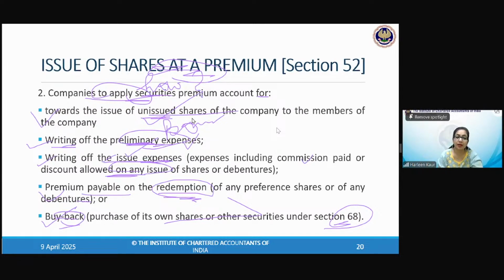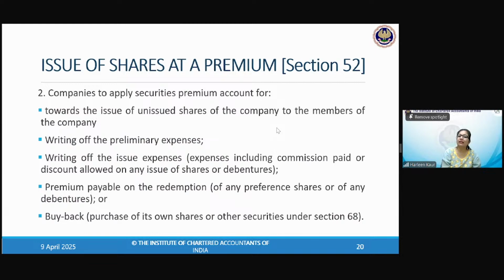Pragya, Soumya, Priyanka, Varsha, Nidhi, Kevin, Anubhav, very nice. So you keep on writing down. Harsh, excellent. You keep on writing down, keep revising, understanding and learning the topic. Everyone is clear on issuing shares at a premium, section 52. So if a 5 marks question comes and you write all these 5 points, 5 marks in your pocket.